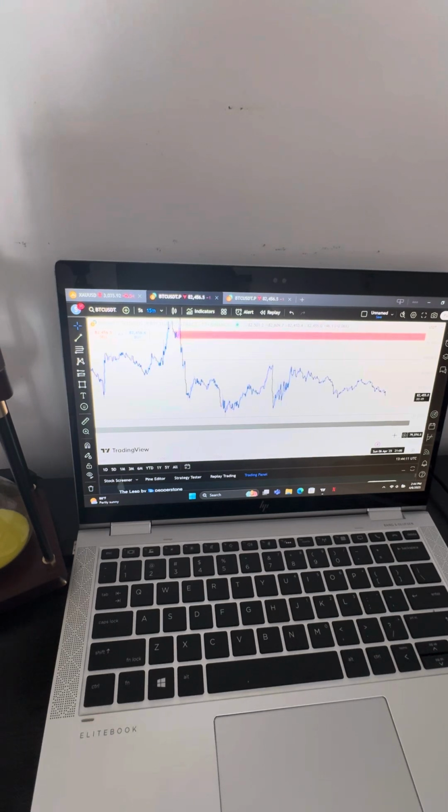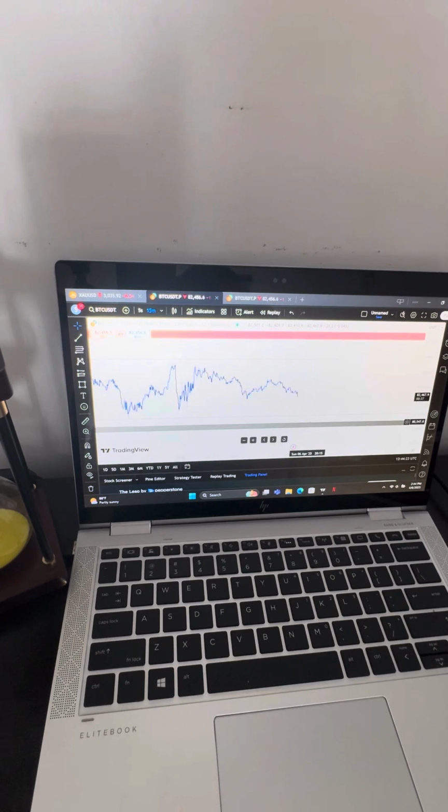Price is fully bearish. For now, it's bearish to this point, if you ask me. Price will be bearish to this point here. But you can still see some reactions will take place inside this space here.